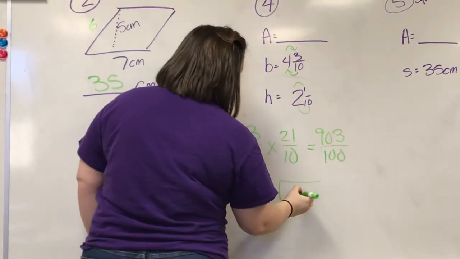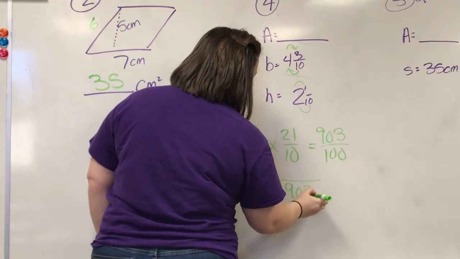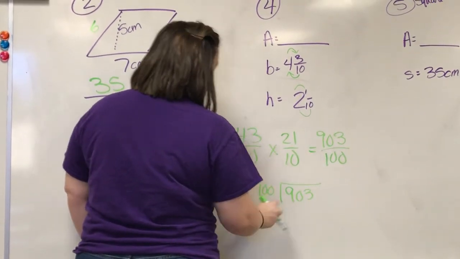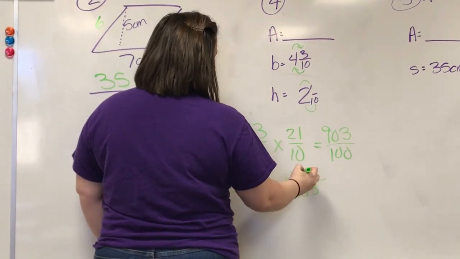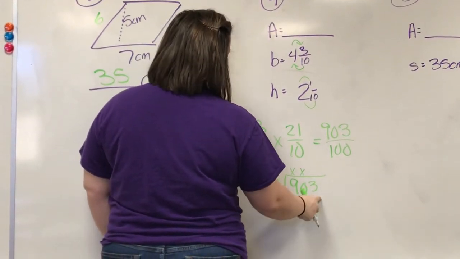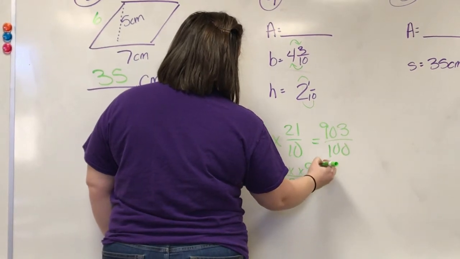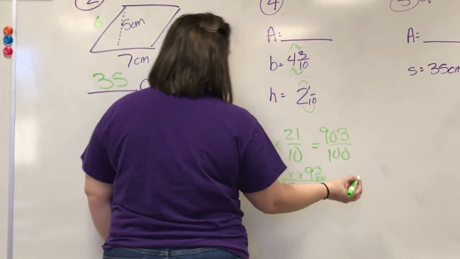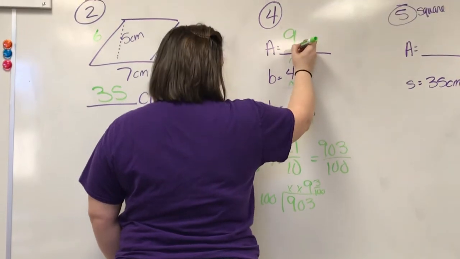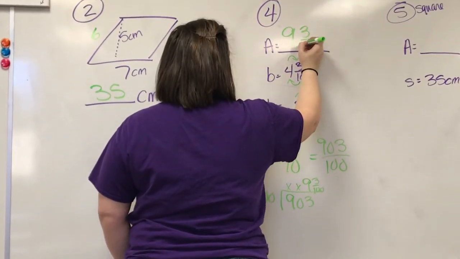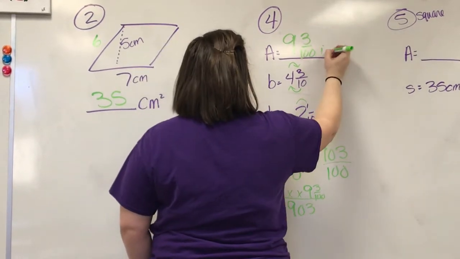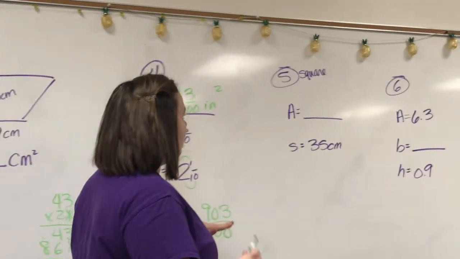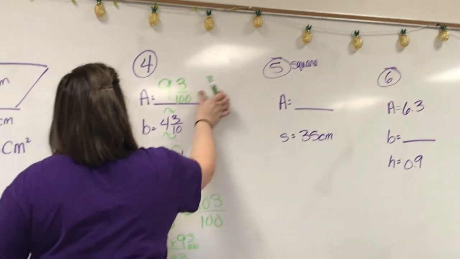I'm shoving it into the house. 903 divided by 100. 100 cannot fit into 9. 100 cannot fit into 90. 100 can fit into 900, 9 times with 3 100ths left over. 9 and 3 100ths. Let's just call it inches squared. And actually I looked in the book and it was meters.